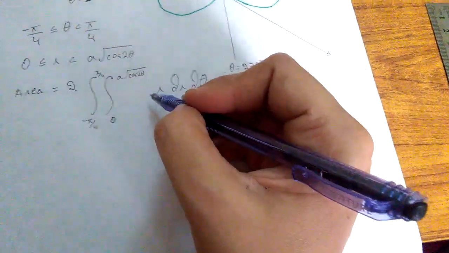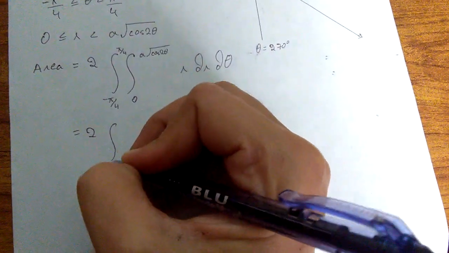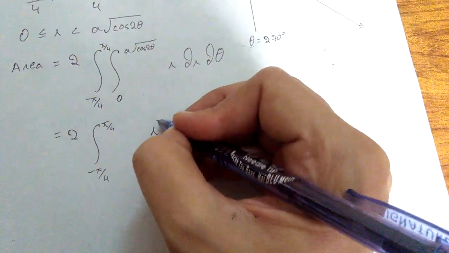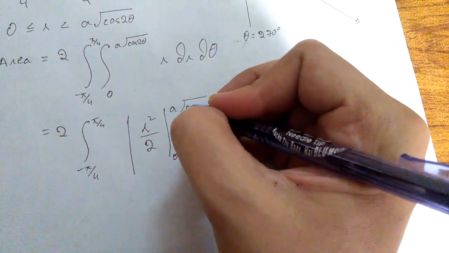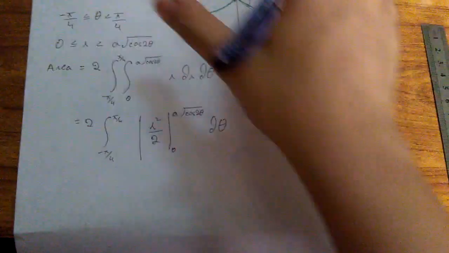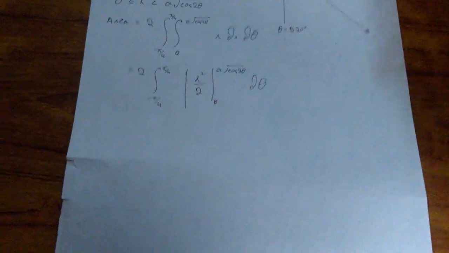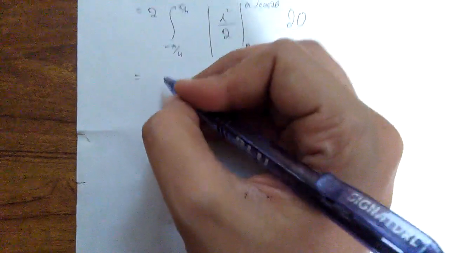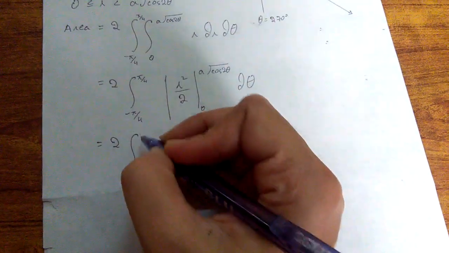Now I'm going to integrate first with respect to r. It is r square upon 2, and then we apply our limits of r. So it's going to be 2 times, and this is a regular integration.